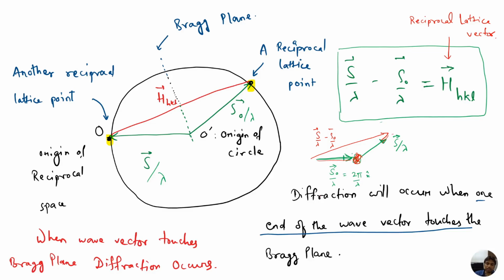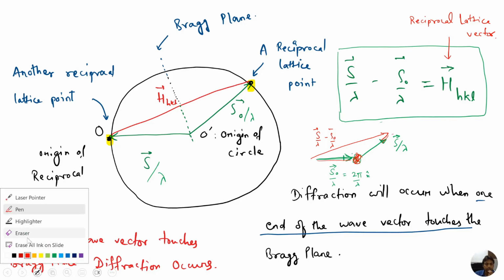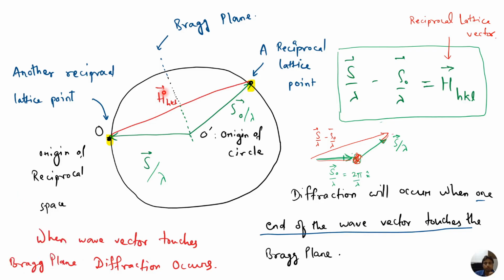S by lambda is nothing but your wave vector. Now the point to note is that if you take the perpendicular bisector of the line joining these two reciprocal lattice points, you will see that this Bragg plane is intersecting the origin of this Ewald sphere.